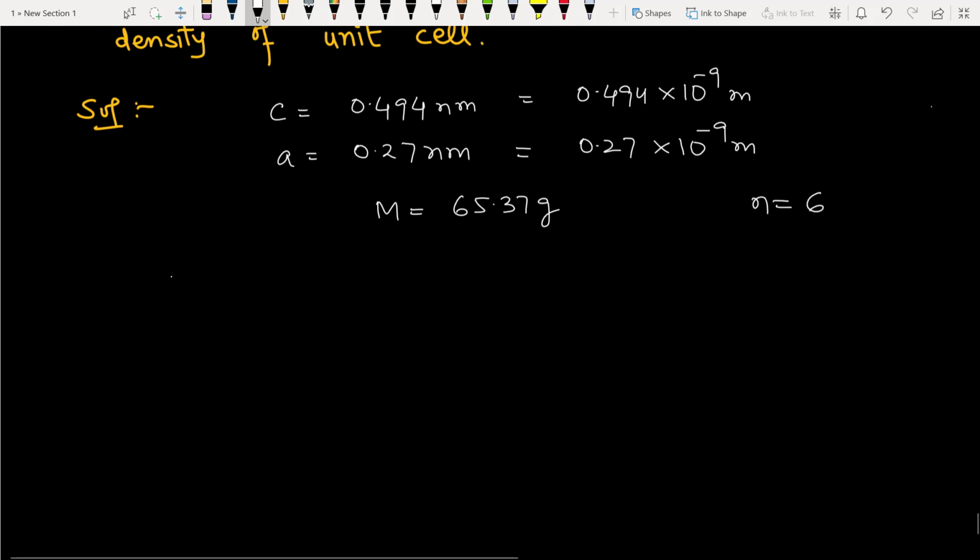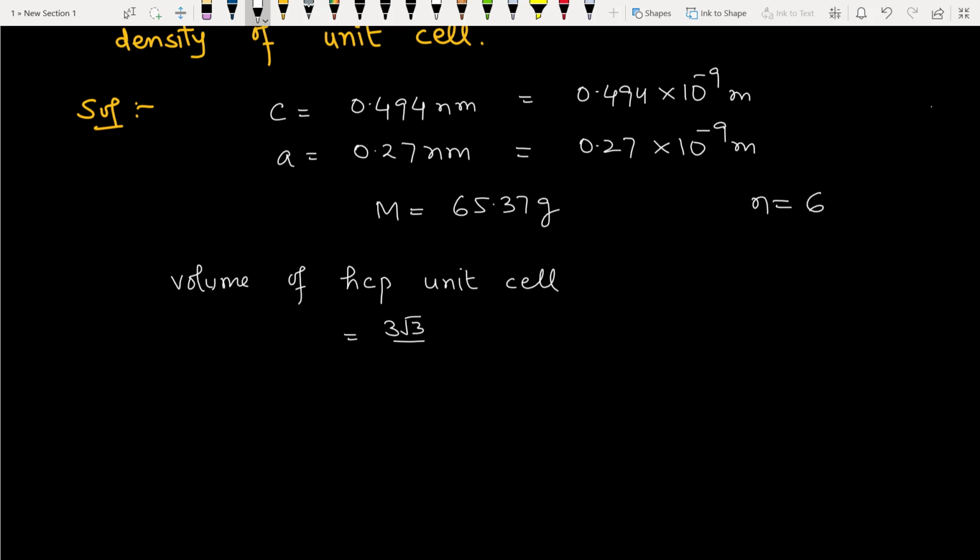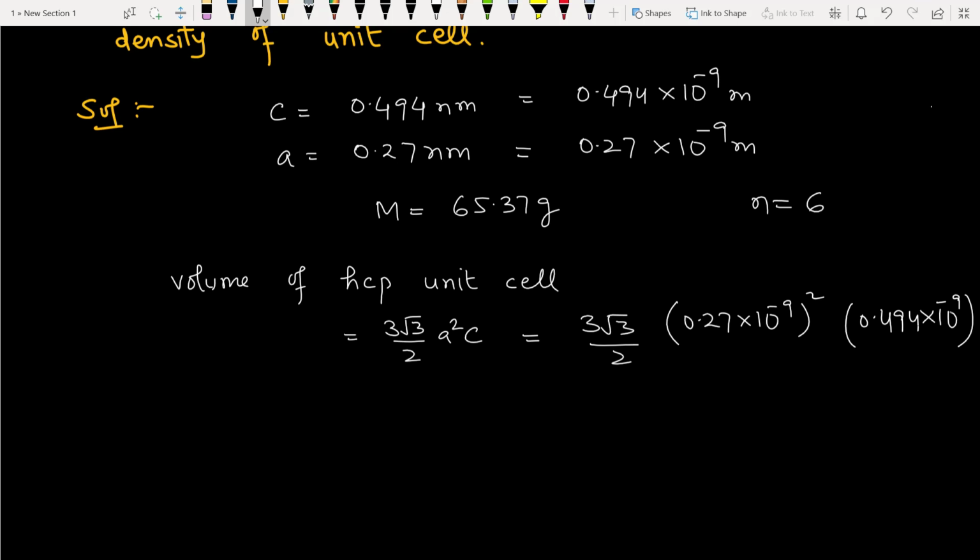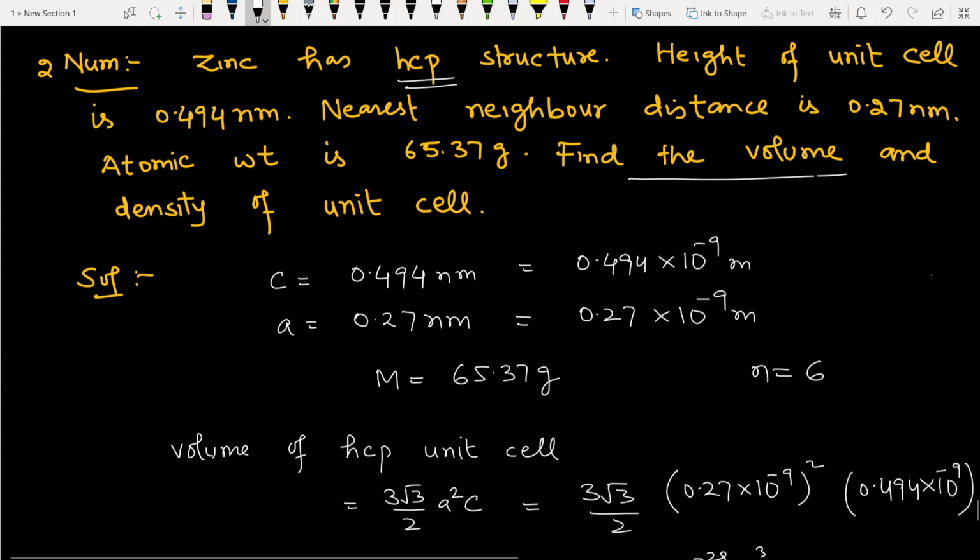Firstly we calculate the volume of the unit cell. Volume of HCP unit cell is 3 root 3 divided by 2 a square c. So 3 root 3 divided by 2, into 0.27 10 raised to power minus 9 square, into 0.494 10 raised to power minus 9. When we solve it, we get 9.35 10 raised to power minus 29 meter cube. So this is the volume of the unit cell.